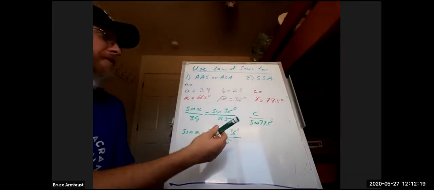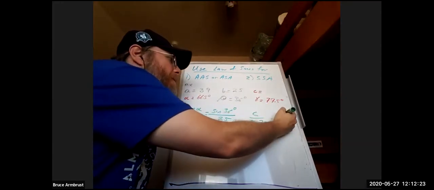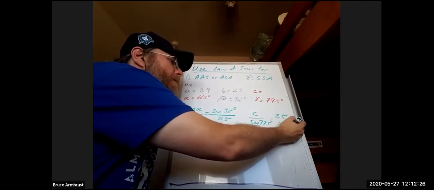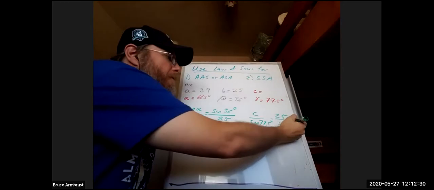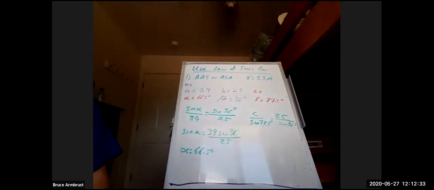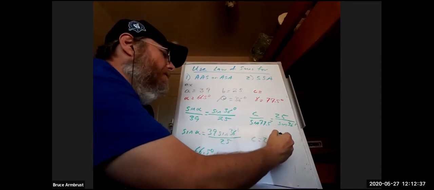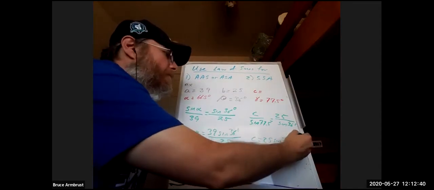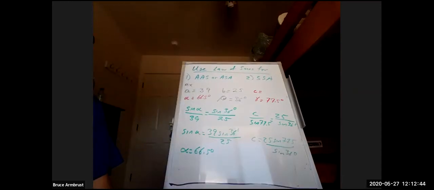So we're just going to go ahead and use law of sines again. But this time, we're going to use the C with the B. So this is sort of the same situation we were in before with the previous examples. And now we can find that C. So C is going to be 25 sine of 77.5 over sine of 36. And again, this is a calculator question. So you can go ahead and punch that in and get yourself a value.